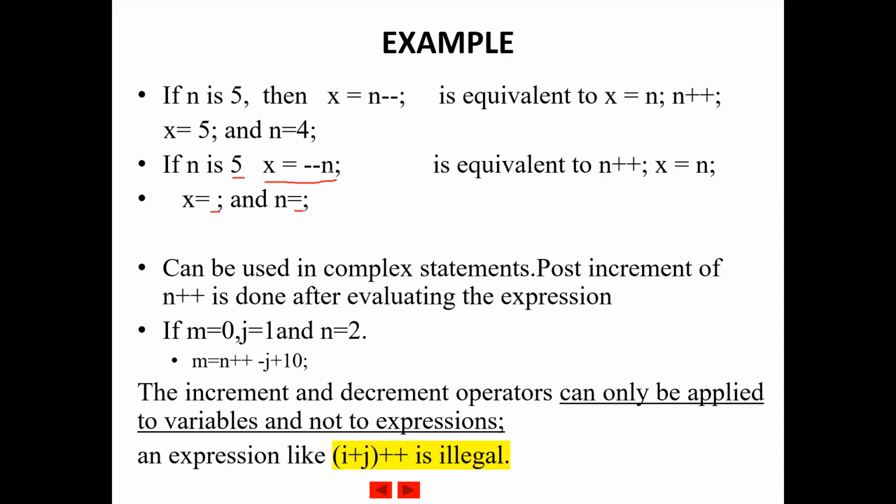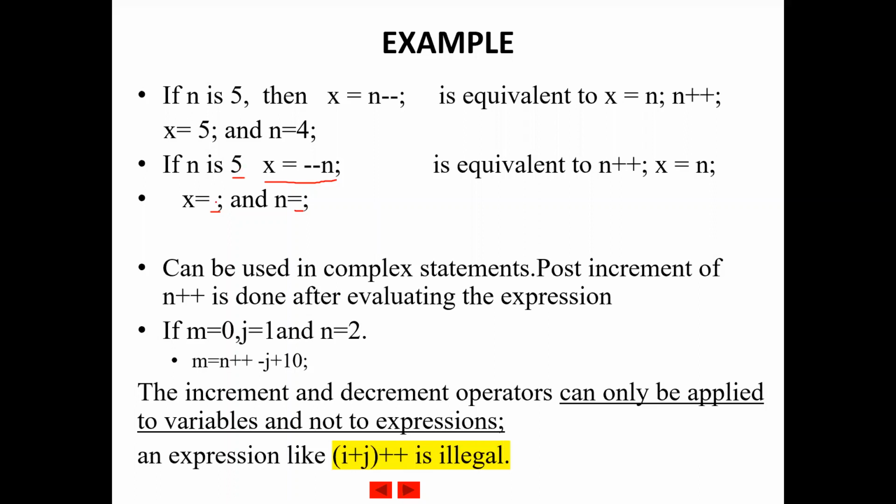First, what will happen? Assignment or decrement? You tell, I'm just helping you out. Decrement. Yes, first it will be decrement. So n value will be decremented by 1.